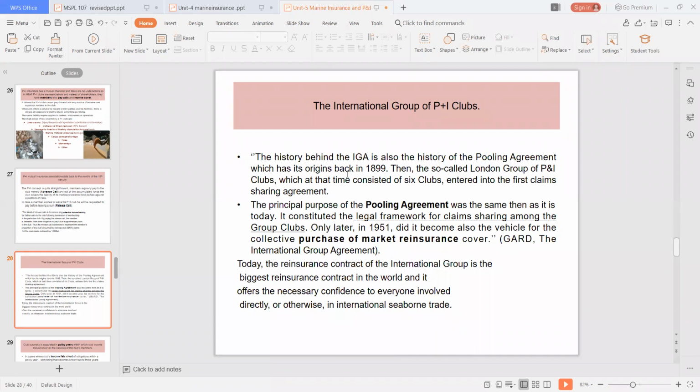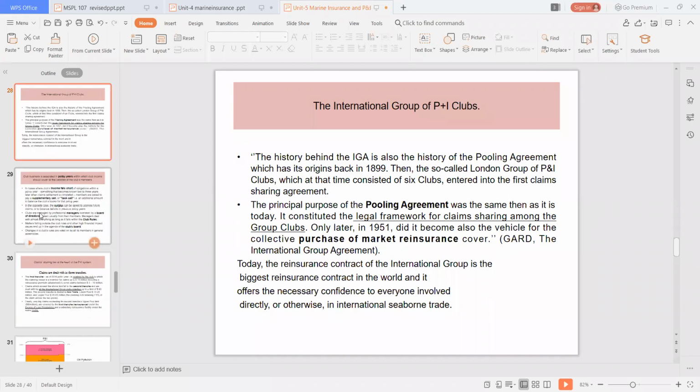Only later, in 1951, did it also become the vehicle for the collective purchase of market reinsurance cover. Today, the reinsurance contract of the International Group is the biggest reinsurance contract in the world, and it offers the necessary confidence to everyone involved directly or otherwise in international seaborne trade. So, how does it happen internationally?